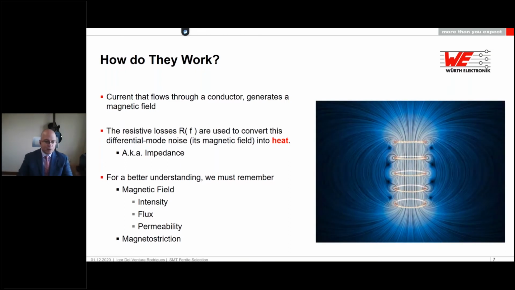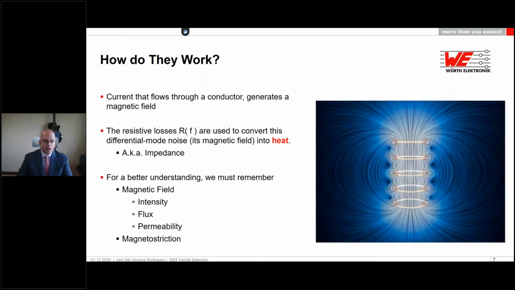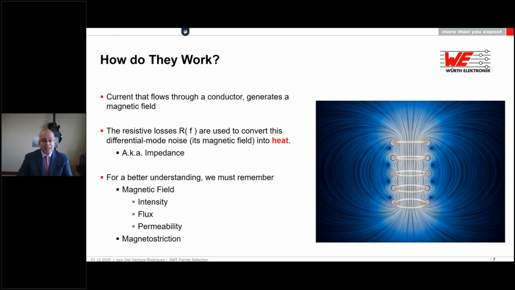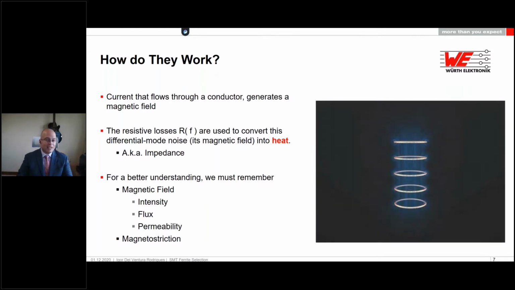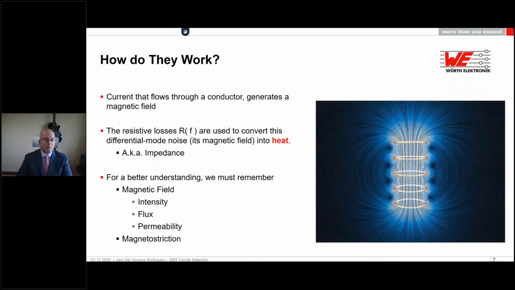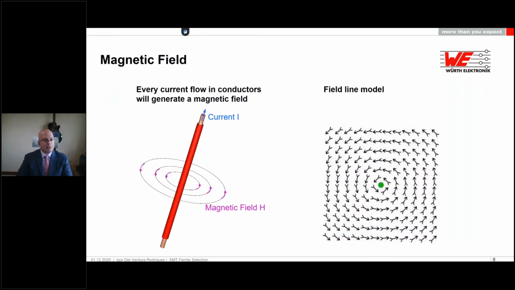So up next, we'll be seeing the concepts of magnetic field intensity, flux, permeability, and also magnetostriction that will help us understand a little bit better how the ferrites work. So just a quick reminder here of your world famous right-hand rule.